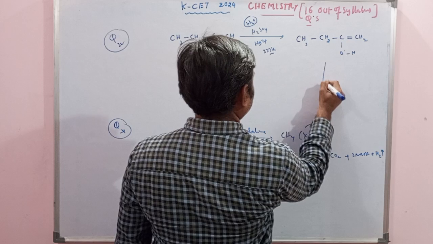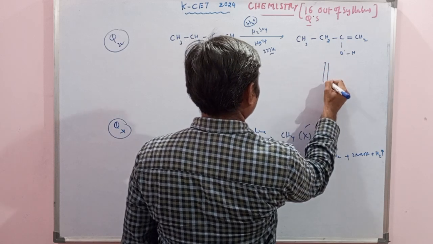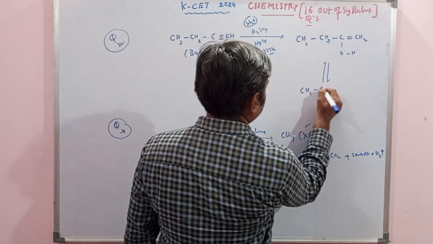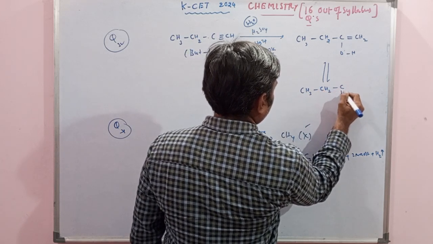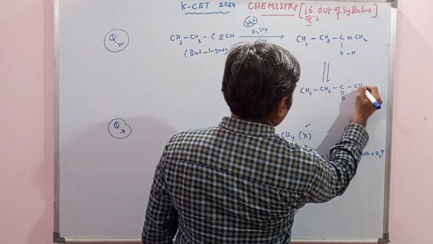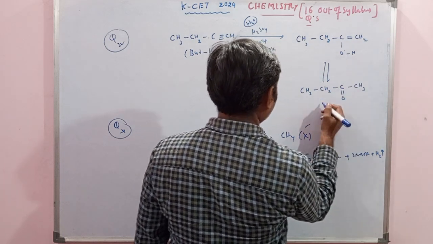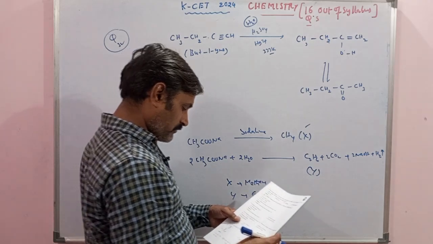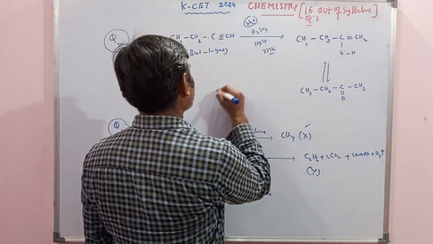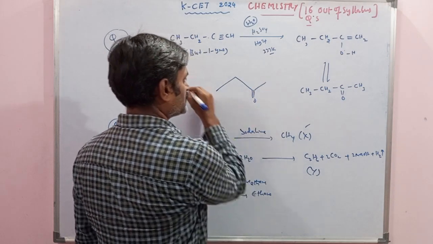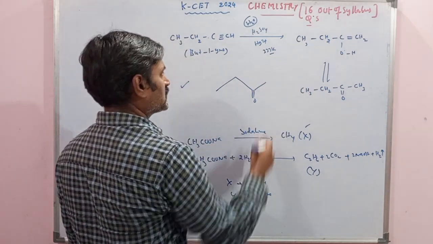Next, tautomerization takes place, a dynamic process, that means rearrangement: CH3CH2C=O with CH3 will come. This is a ketone. Tautomerism takes place. The bond-line formula they have provided is similar to whatever we got here. Both are the same.